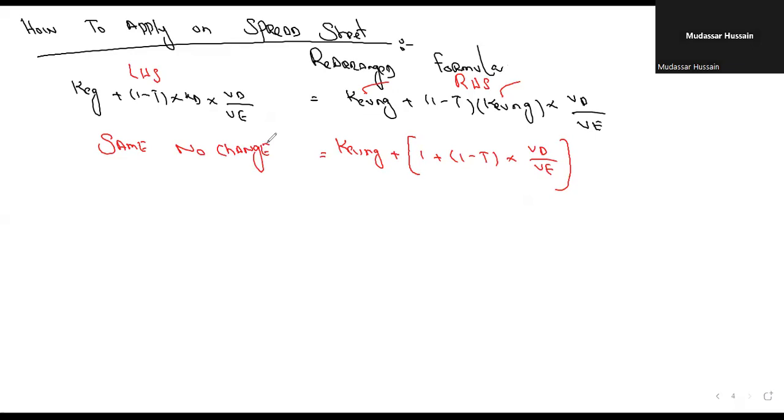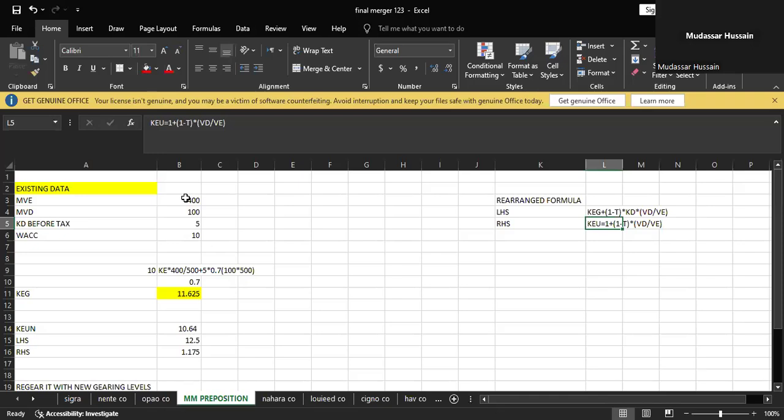Now I am going to show you people the example which we solved on the whiteboard on the spreadsheet. See guys, this was the existing data that the market value of debt was 400, equity given, Kd given, WACC given, and this was the cost of geared which we find because the WACC was given.